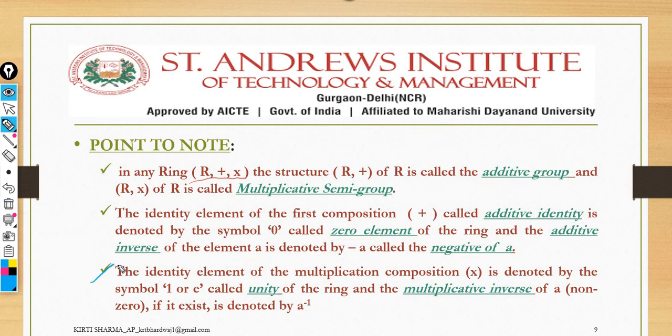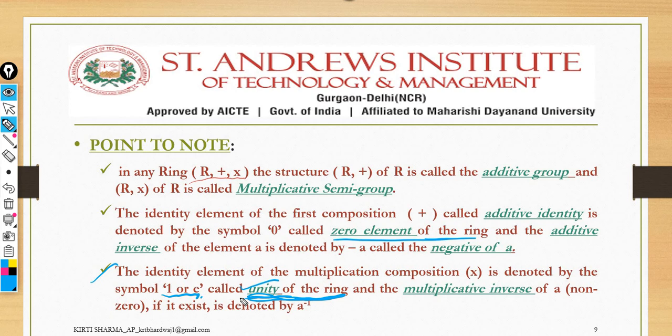So in the case of multiplication, what will it be? It's called unity, 1, or unity of the ring. It was the 0 element of the ring in the case of the additive identity; in the case of the multiplicative identity, it is the unity of the ring. Just make a note of this, as it will be used further in the integral domain topic also.